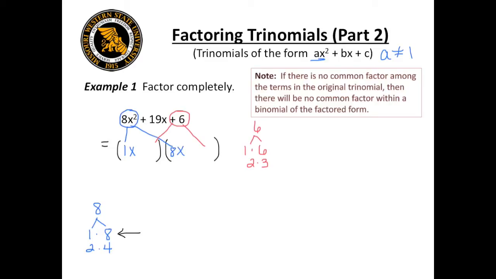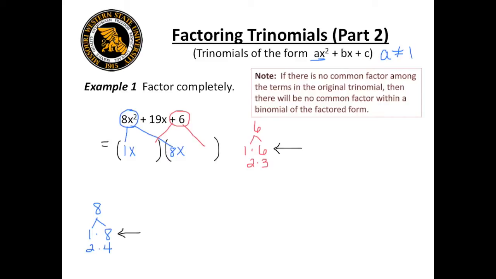At this point, it doesn't matter. Now let's consider the factors of 6. Again, we have to start somewhere, so let's go with the first factor pair, 1 and 6.